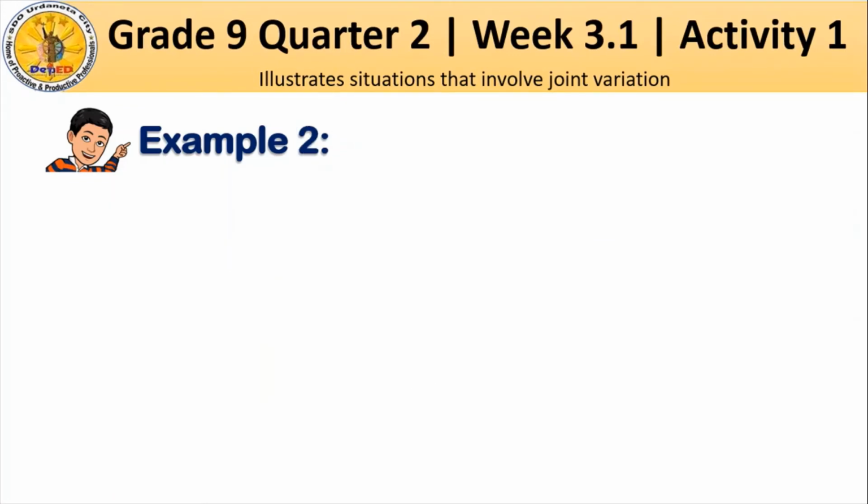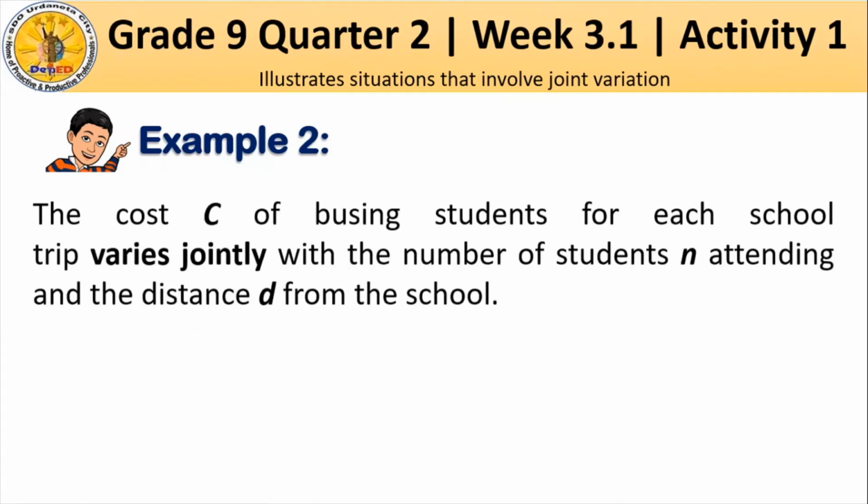Example number 2. The cost C of busing students for each school trip varies jointly with the number of students N attending and the distance D from the school.